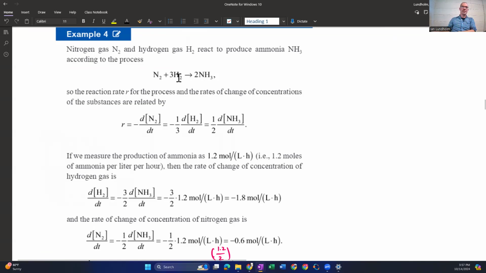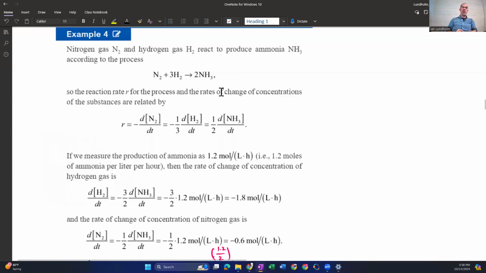And since we've got six hydrogen atoms over here, we want to have six total hydrogen atoms over here. And the idea to make that equation work out right, it's like a recipe. Like you've got 1 part nitrogen to 3 parts hydrogen, ends up making 2 batches of ammonia.